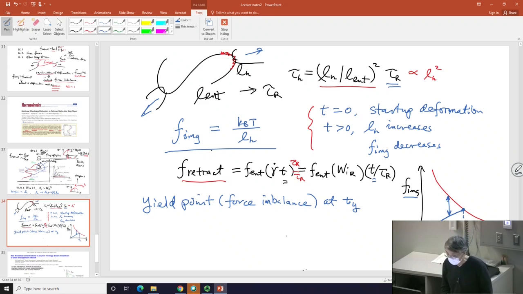So what is Ty? It is when this thing just keeps twisting and you reach a particular H, at which LH is of a magnitude that you can solve if you know what this yield time is.